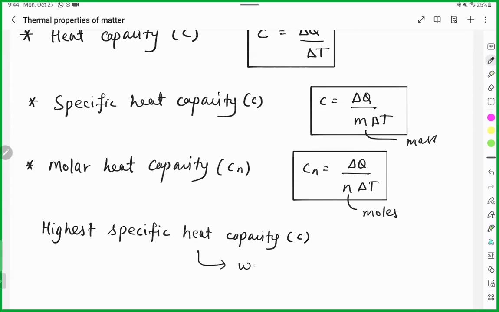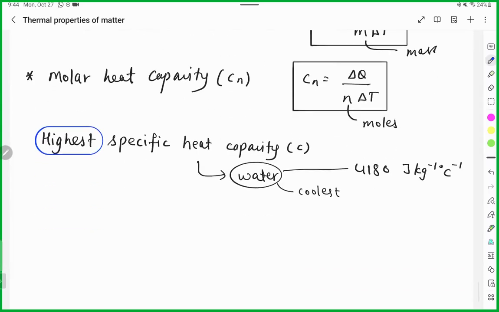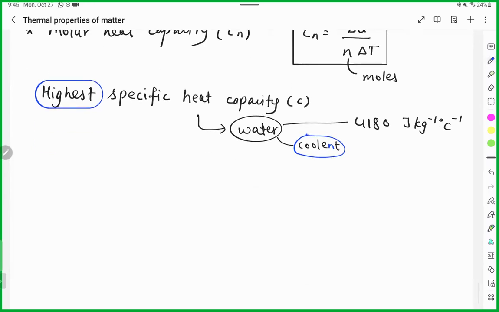That's the reason why water is also used as coolant, because it maintains the situation for a long time. Its value is 4180 joule per kg per degree Celsius, which is the highest. This question can be asked: why is water used as coolant? Because it has maximum specific heat capacity, so it resists any kind of change.